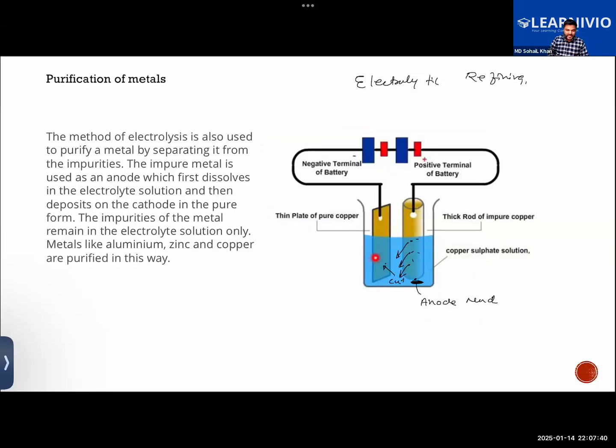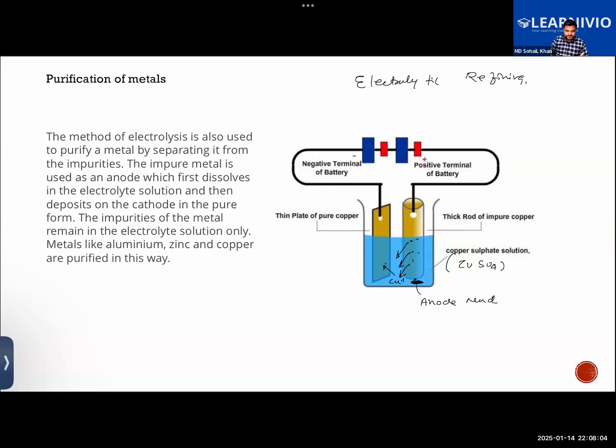As the process of electrolysis will start here, we have also taken a copper sulfate solution, keeping in mind that the electrolyte should have the same metal which has to be purified. Copper has to be purified here, no? So the electrolyte must have copper in it. So we have taken copper sulfate solution, that is CuSO4.